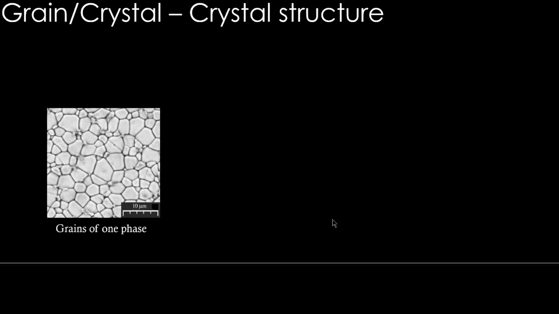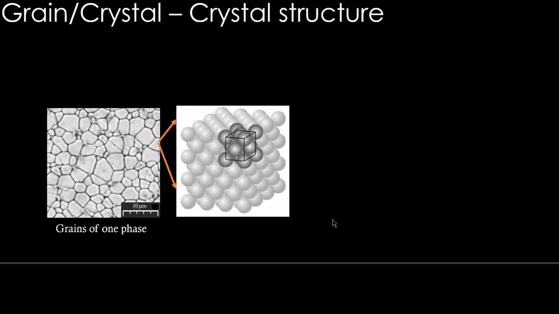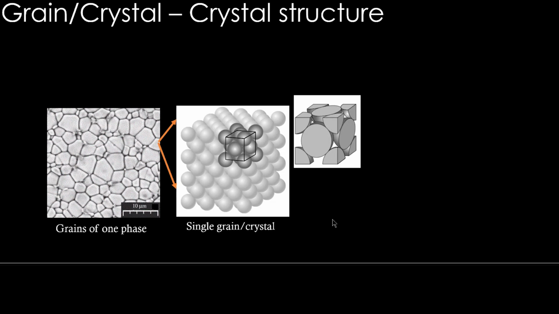Let's bring up that first picture that we saw, grains of one phase. Inside a grain, we have atoms arranged like this in a periodic manner. This entire periodic arrangement is essentially a repetition of a small structure, the one highlighted in black color here. If you take that small part out, what you see is something like this. The atoms here are considered as solid spheres.